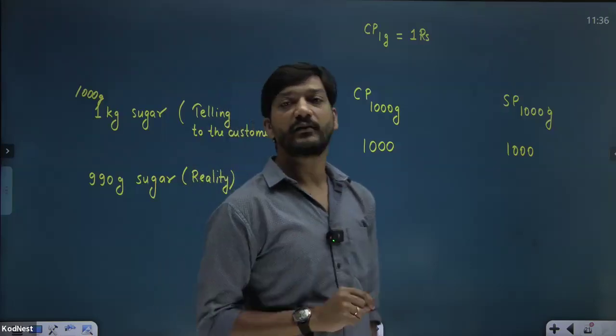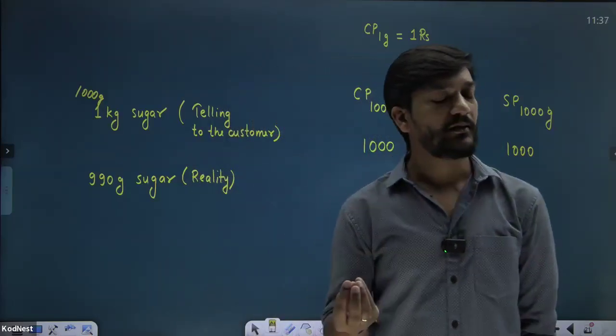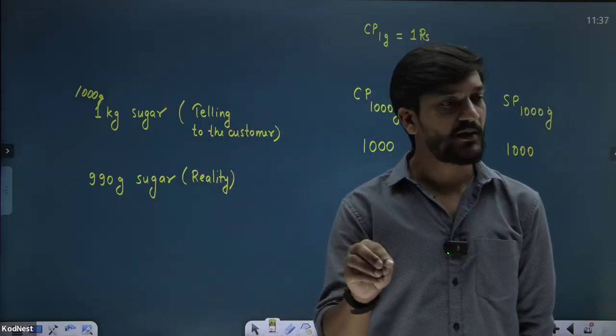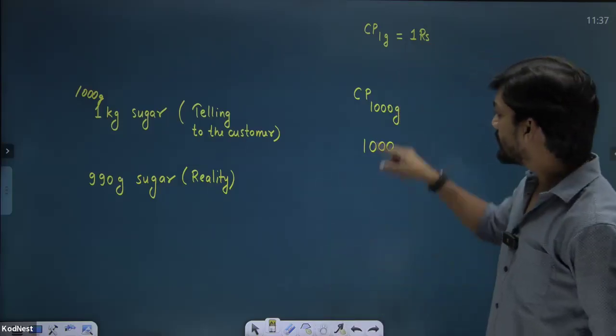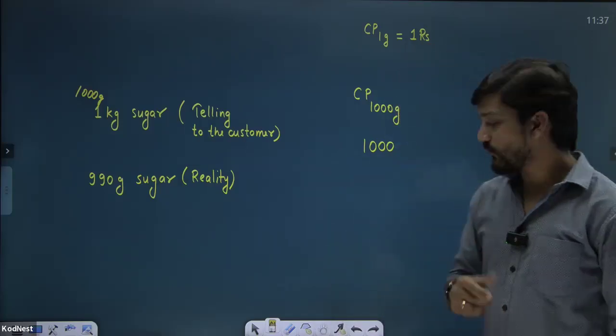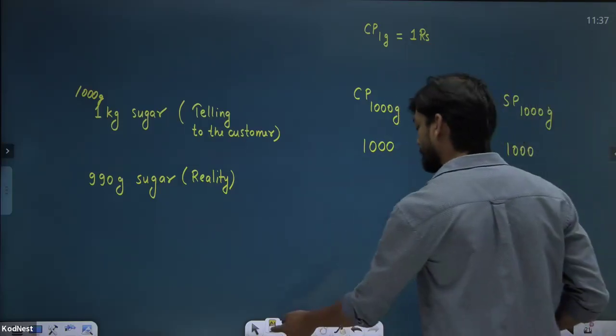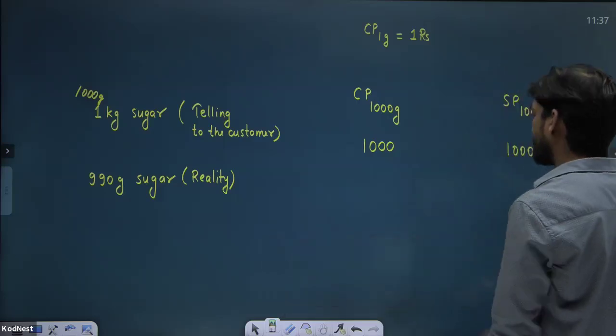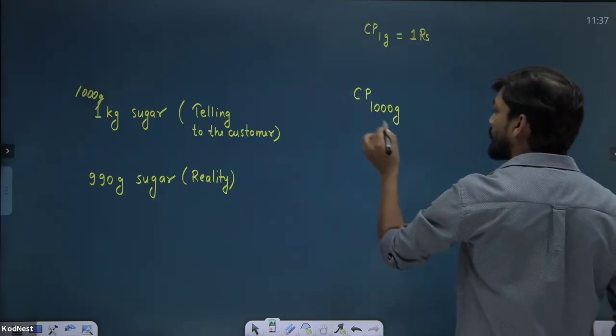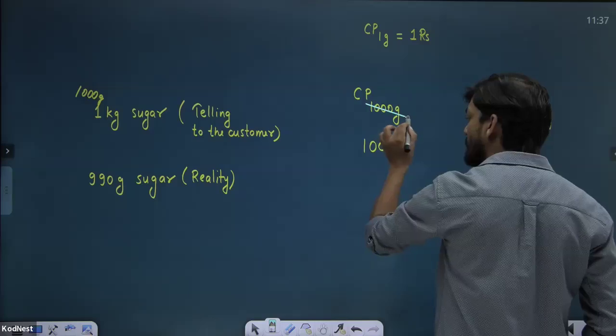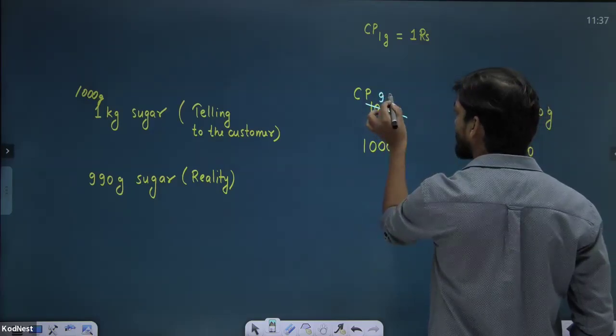But there is cheating. Where you will do the cheating? You are a businessman, so you can do cheating with the cost price. So what you are doing is, you are not giving 1,000 grams, you are giving 990 grams.